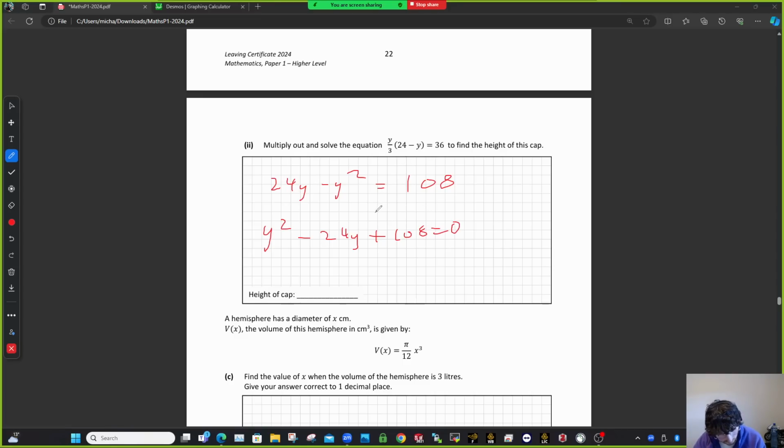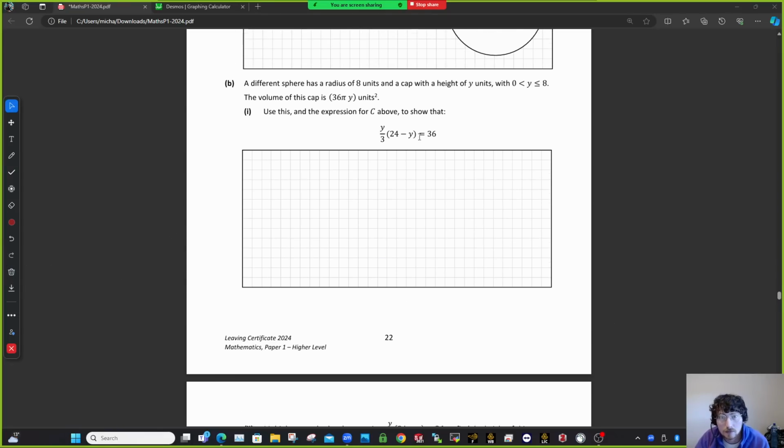You can factorize that, or you can use the minus b formula. The factors are y minus 6, y minus 18, I believe. Yeah, 6 by 18. So the solutions are y equals 6 or y equals 18, but as I showed you, that's not allowed. Y has to be below 8, so the answer is 6, and I don't think it has units again. If it does, put in the units.